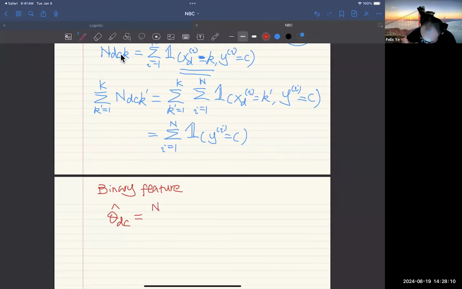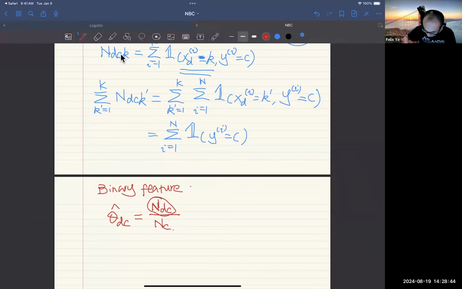This will be n dc, so we don't have K values anymore, divided by nc, which is the empirical fraction of feature d among examples of class C. So K becomes 2 in this case.